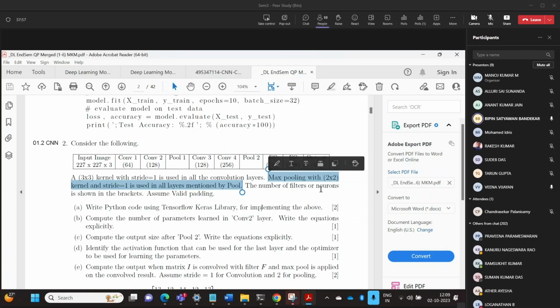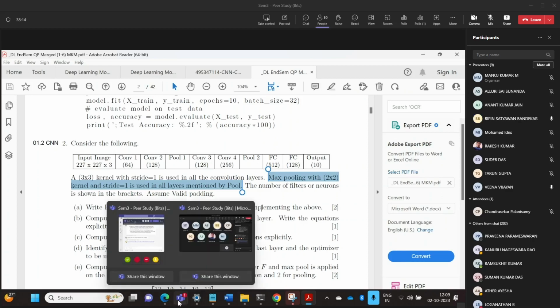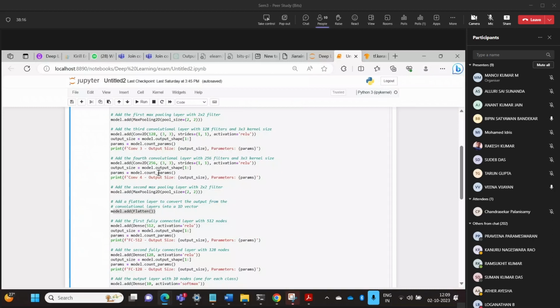So this is wrong. How will it reduce? If the stride is 1, then you have to mention it as 1 in the program also. Go to the program, say stride as 1.